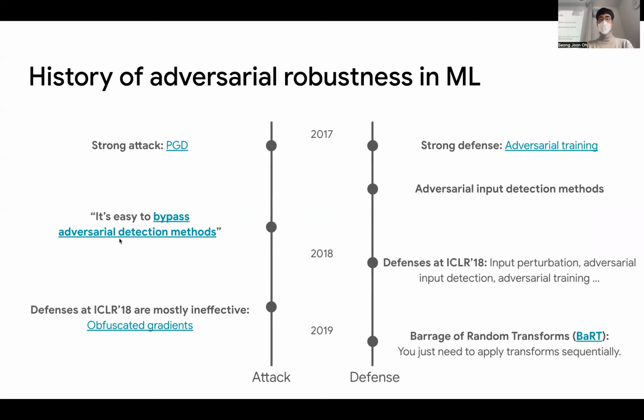Then there was a set of defenses from ICLR 18, and then an ICML 18 paper says they are not effective. Afterwards, there's a barrage of random transforms that came out, which says even with this ICML 18 attack, we can defend against them.